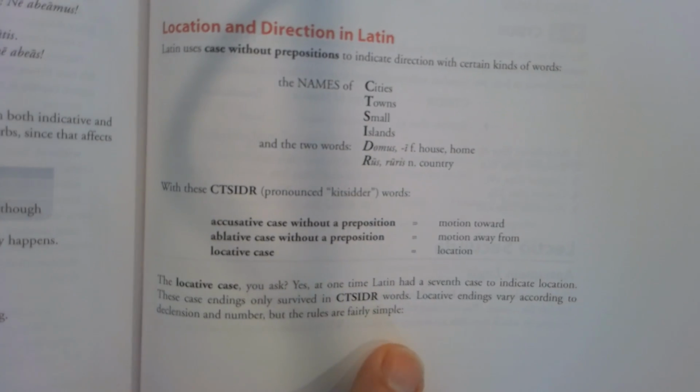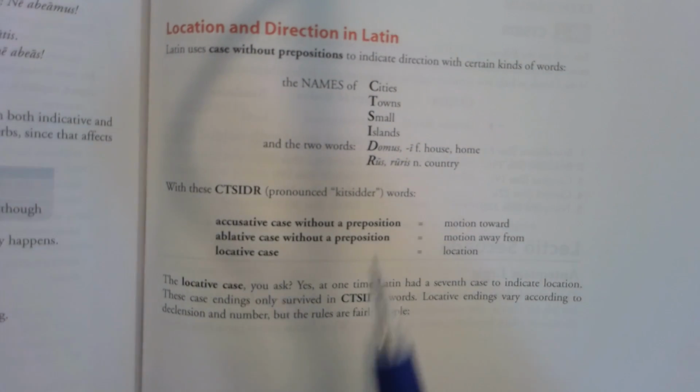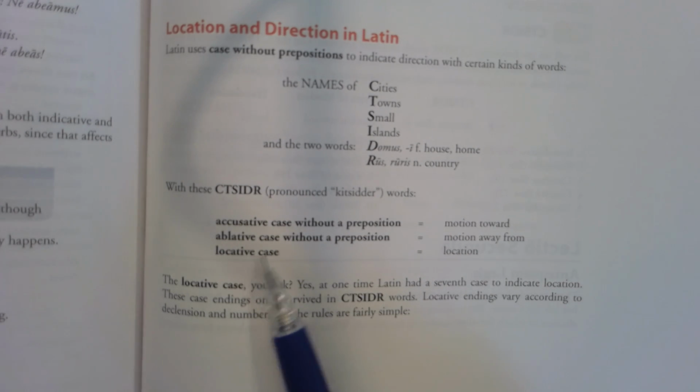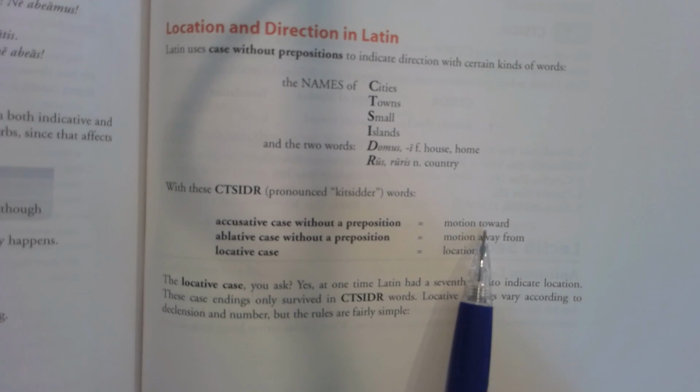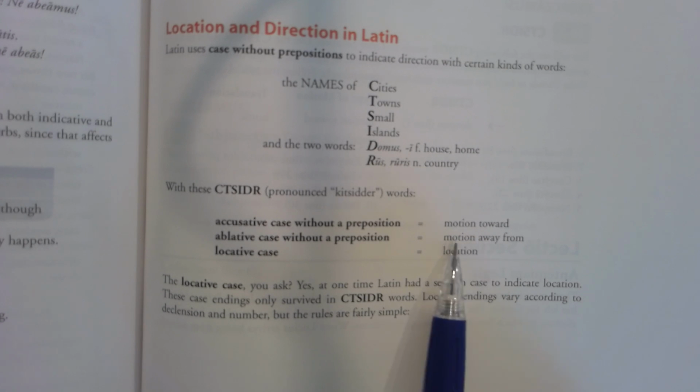We're going to go over the next page in a second, but for the moment, accusative toward, ablative from. Okay, that echoes the ablative place from which up above, except it's just the city, town, or small island in the ablative case.